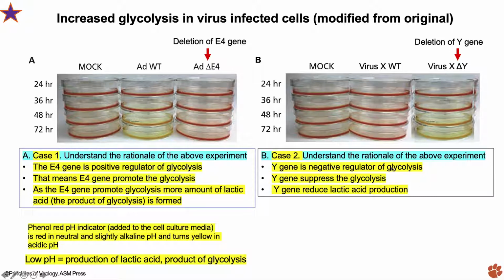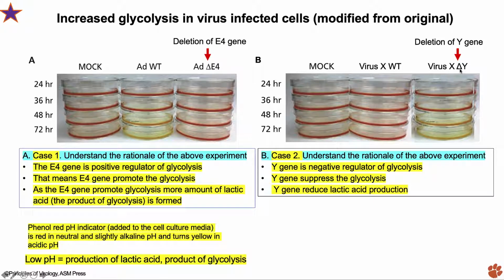Now, this is the question that I asked in one of the quizzes. Here, see that these two things are swapped. In the mock, all of them are red. In the wild type virus, suppose this virus is named X, you see that throughout 72 hours, all of the Petri plates are red.